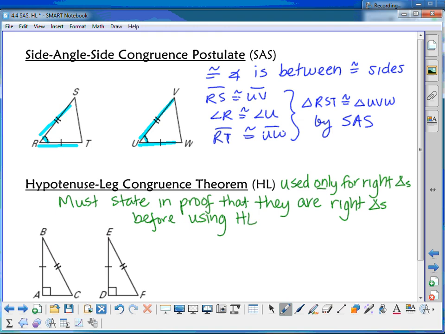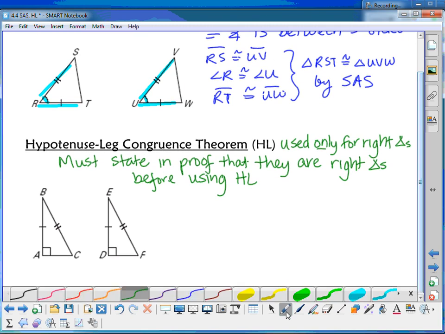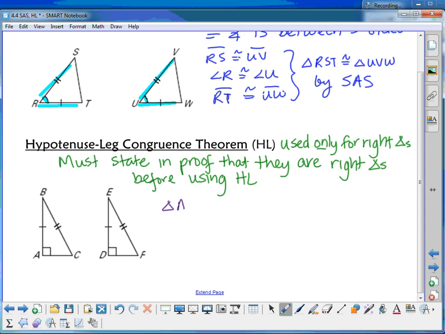So how that would look is you would say triangle ABC and triangle DEF are right triangles.